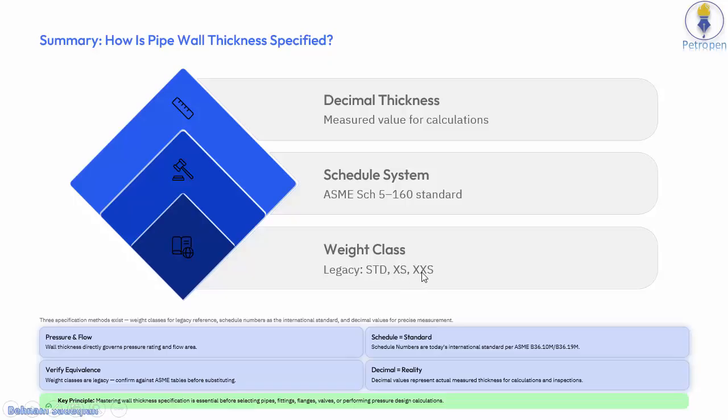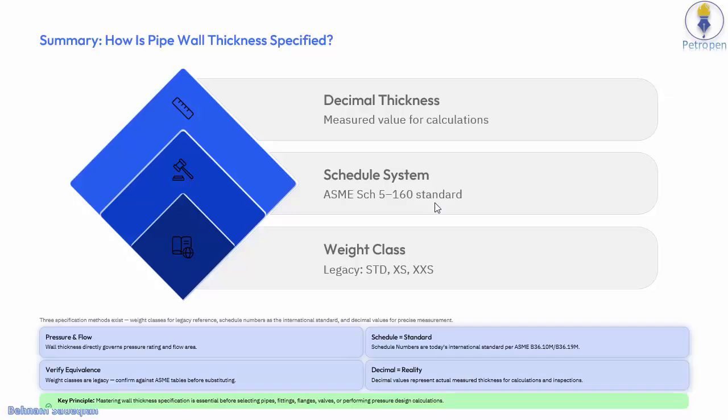Schedule numbers are now the internationally accepted standard because they provide consistency across manufacturers and industries. Actual decimal thickness represents the real physical wall thickness and is essential for engineering calculations and quality inspections.